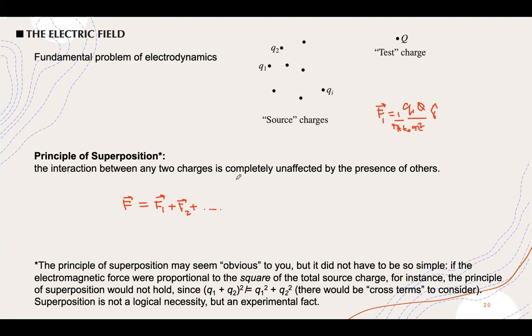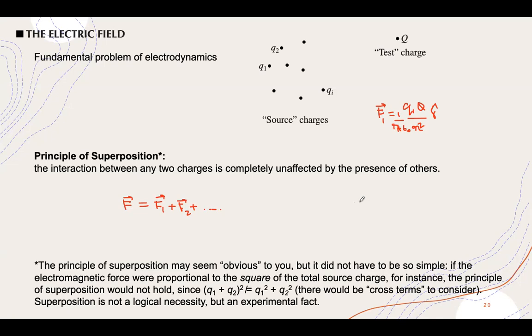However, it is not so obvious. As we know, Coulomb force says that this force is proportional to the product of two charges. But suppose I say that this force depends on the sum of the charges, squared.